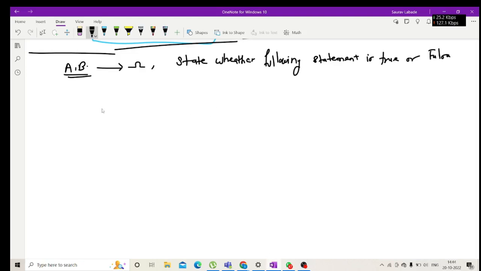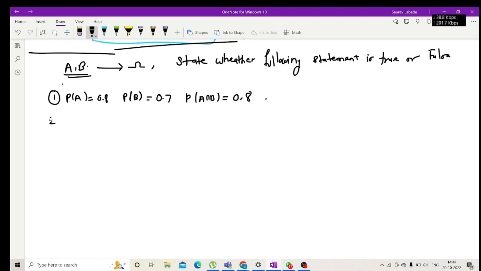Right, so we have to check whether all the statements are true or false. First, they have given me probability of A equals 0.8, P of B equals 0.7, probability of A intersection B equals 0.8.